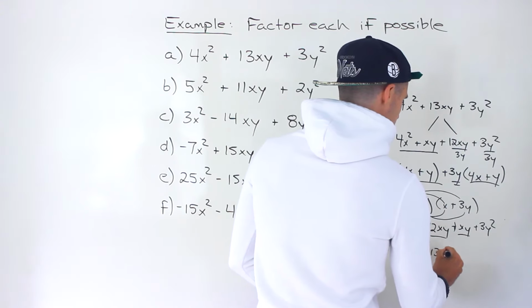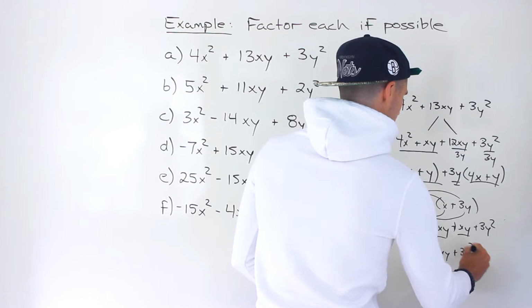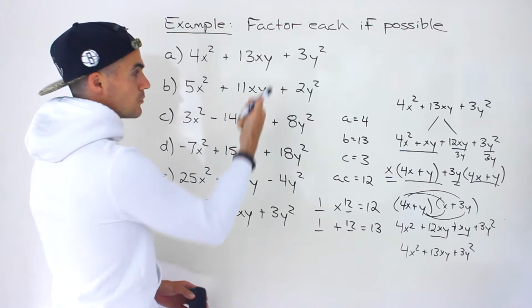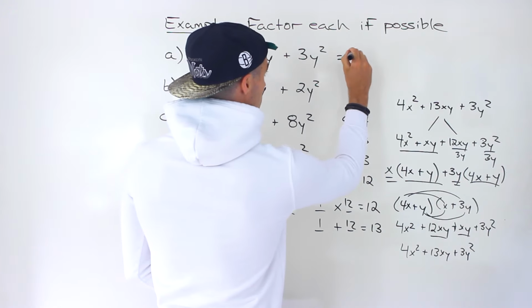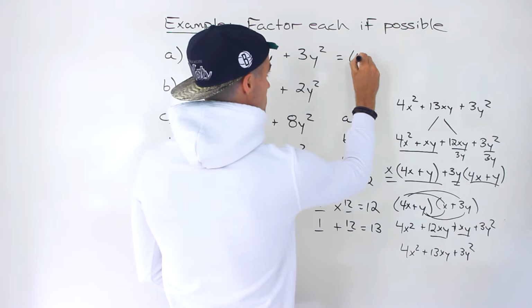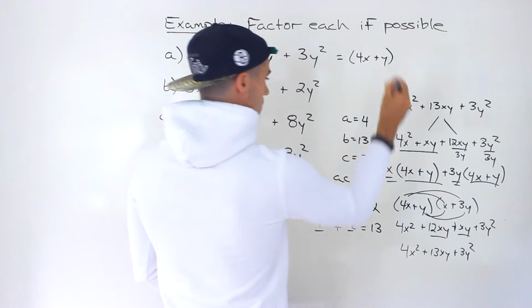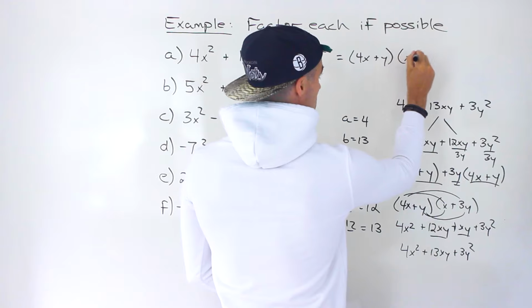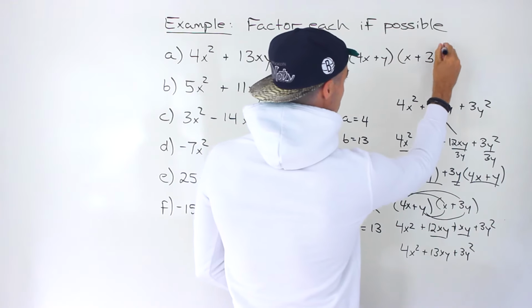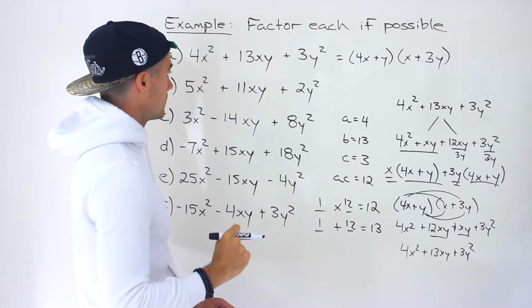So that would be 13xy plus 3y squared, like that. And we end up with that original expression. Okay, so you could always check your answer with these as well. It's just when you're dealing with multiple variables, just be careful with your algebra as there's more going on versus if you're just dealing with a single variable.